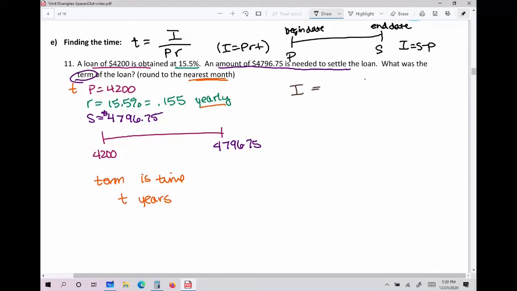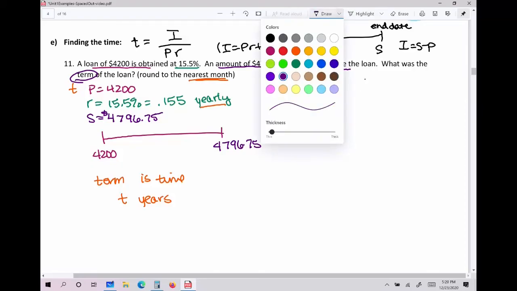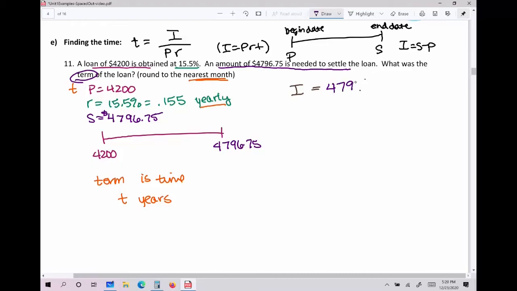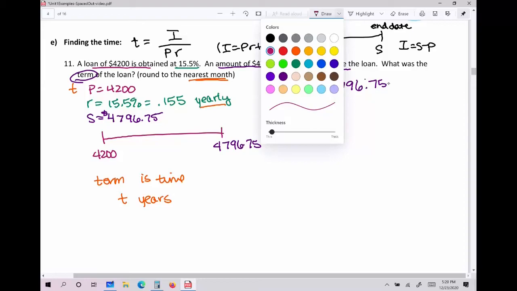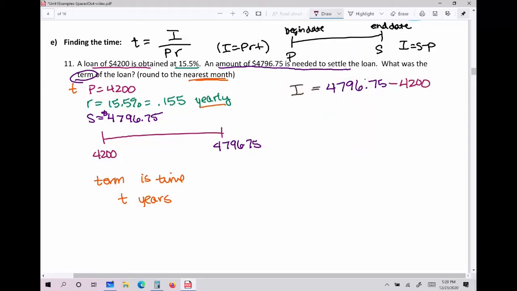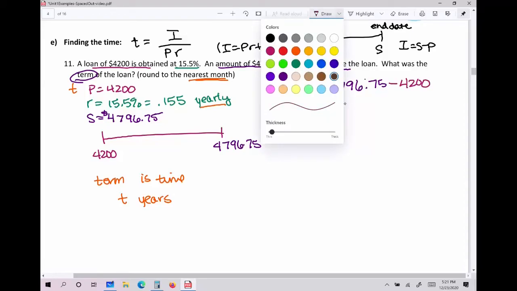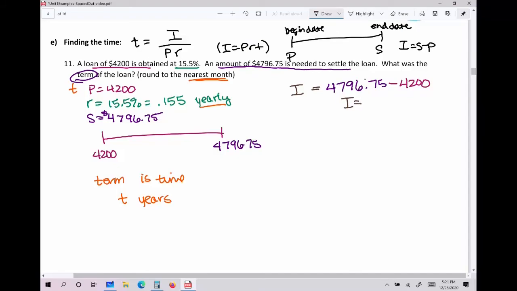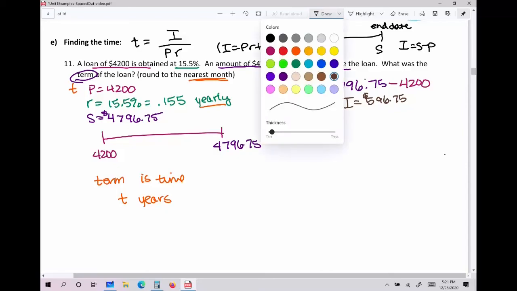I would be our S, 4796.75, minus our P, 4200. So when we get that, we get I equals 596.75.